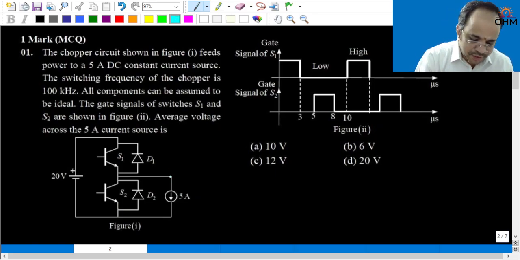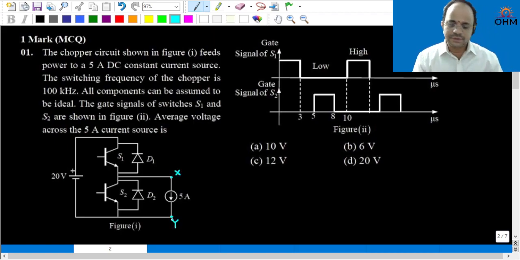Now, for example, if I consider the load terminals as X and Y. We are also given the waveforms of the switching signals for S1 and S2. From these waveforms, broadly we can understand that from 0 to 3 microsecond S1 is turned on and from 5 to 8 microsecond S2 is turned on.